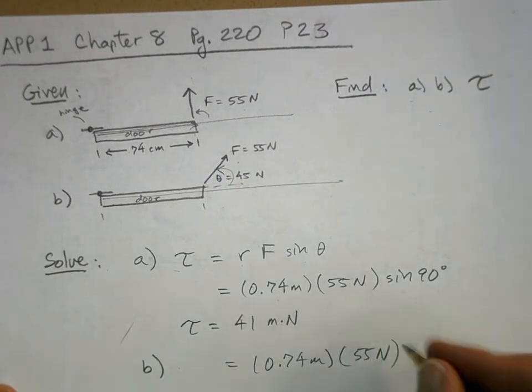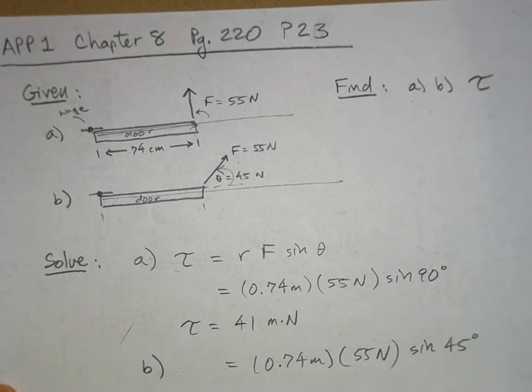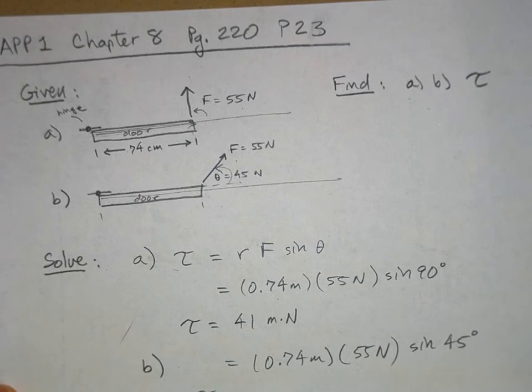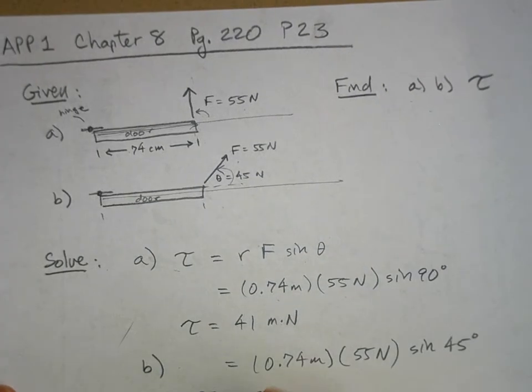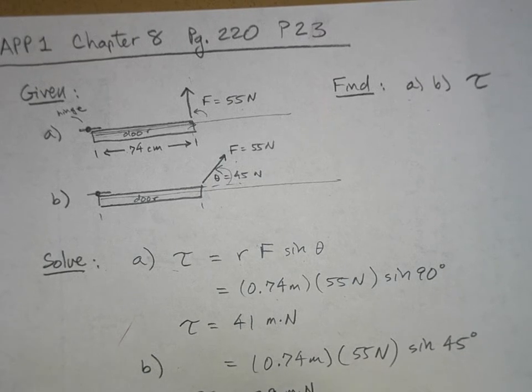So it's the sine of 45 degrees. And when you multiply that all out, you get a torque that rounds off to 29 meters times newtons. I think it was 2,900 meter newtons if you did it in centimeter newtons or whatever.